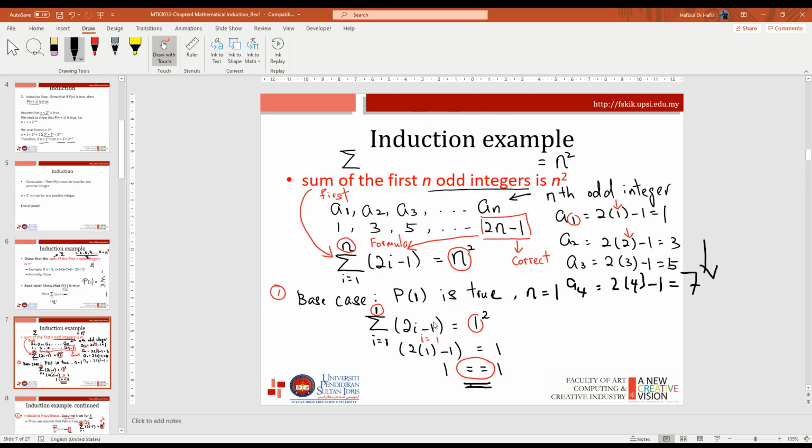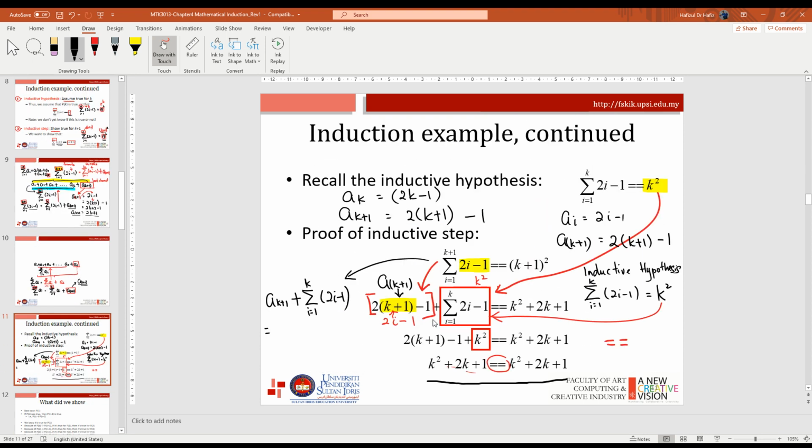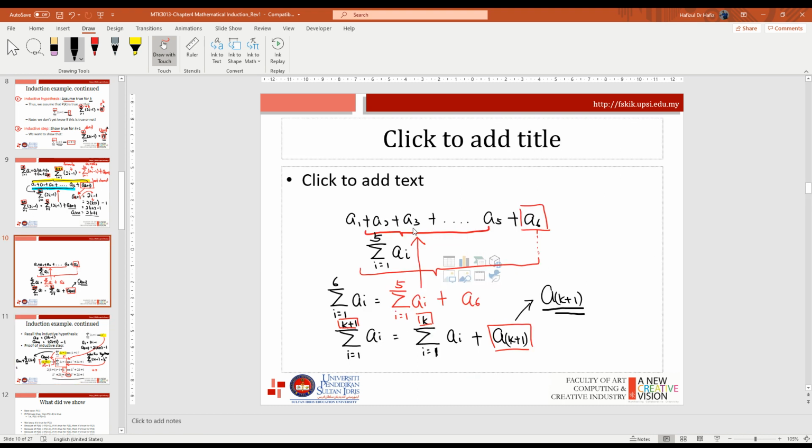For the iteration we use the induction proof or inductive step. We replace: ak is equivalent to 2k minus 1, and a(k+1) is equivalent to 2k plus 1. We did this earlier, above.